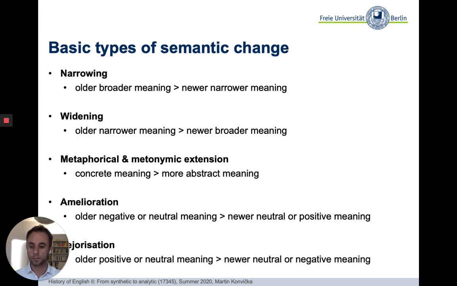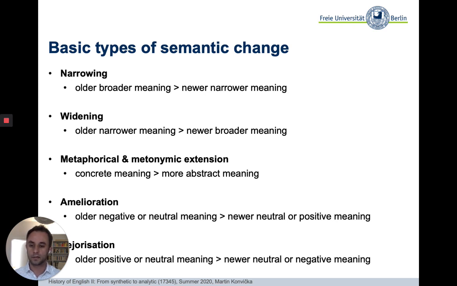And of course, the opposite, we call that pejoration, where the older meaning is positive or neutral, and this positive or neutral meaning gets neutral or negative in the process. Right. This is all very abstract, perhaps, but we're going to see how this works in a second.